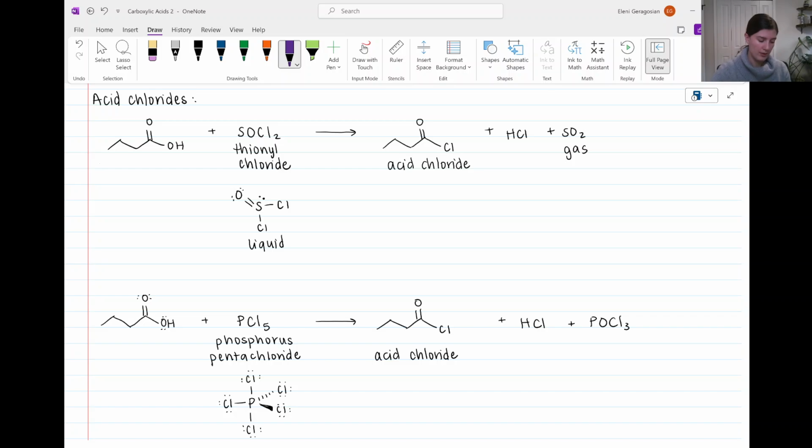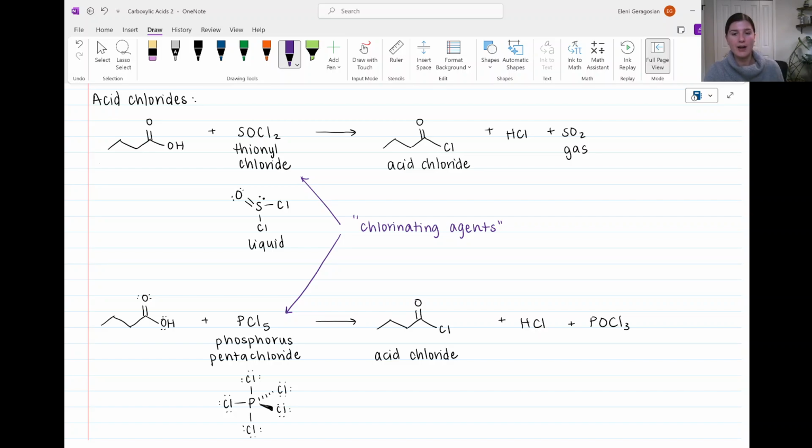So both thionyl chloride and PCl5 are called chlorinating agents. So these molecules, SOCl2, thionyl chloride, and PCl5, phosphorus pentachloride, are chlorinating agents.